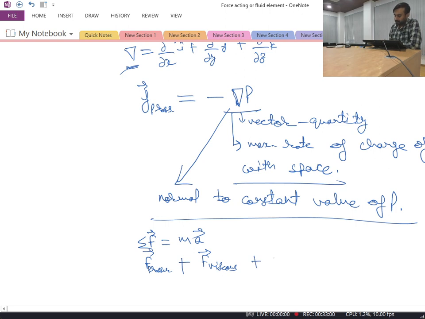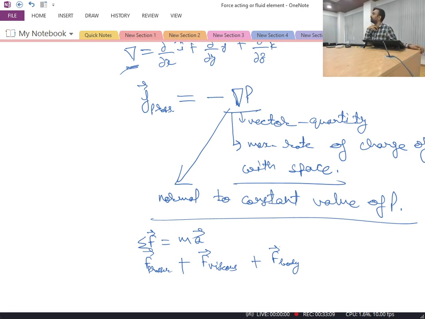Then we will have some body force, depending upon the field in which our fluid element is subjected. For example, in the presence of electric and magnetic fields, we will have electromagnetic forces. In a gravitational field, there will be a force because of gravity as a body force. Then pressure plus viscous plus body force must be equal to mass into acceleration. This is something we see from the basic Newton's law of motion.